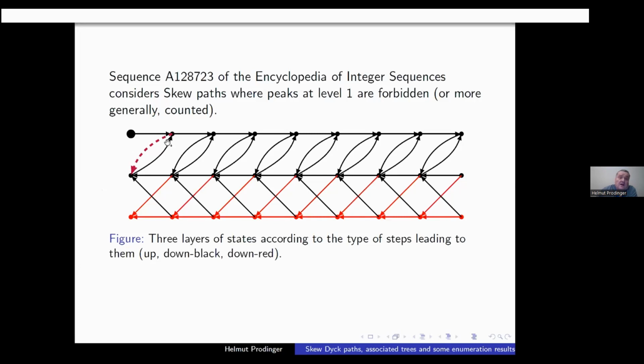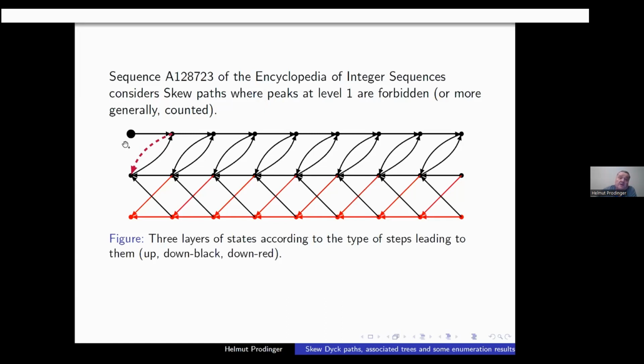So either we just erase this arrow, and we said we are not allowed to go here, but we can do a little bit better, and we can say we enumerate all these paths and count how often we run through this magenta type edge. So otherwise one does very similar things and sets up all the recursions.